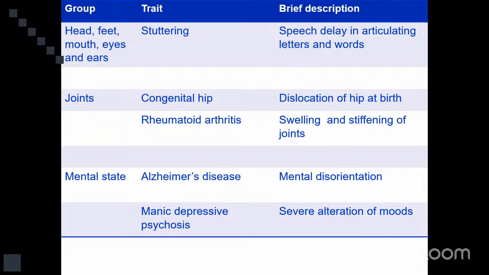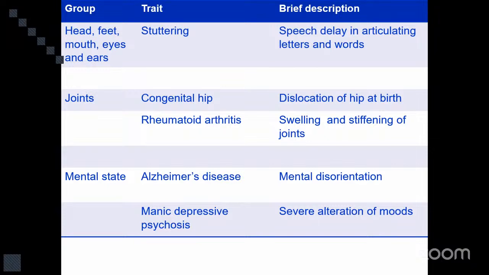That is why oftentimes you see a person, as he's talking, hitting his head, hitting his feet on the ground and hitting the table for him to talk. It's a classical instance of multifactorial speech delay in articulating letters and words.